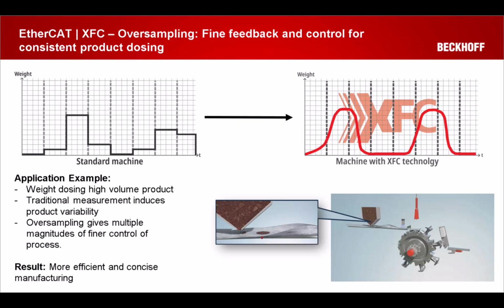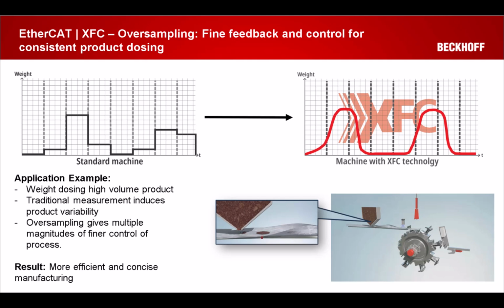And it provides us, again, equidistant measurements leading to very fine feedback. So on the top left side, we can see a standard machine has more of a jagged or discrete result, whereas on the right side, we have a much more continuous flow and much more information that we're getting from our application. And so an example where this could be useful is maybe weight dosing.